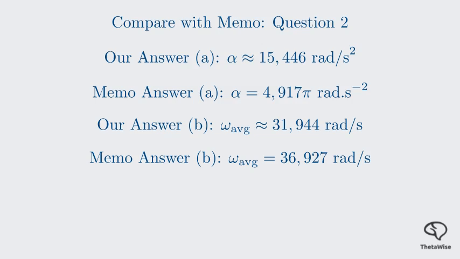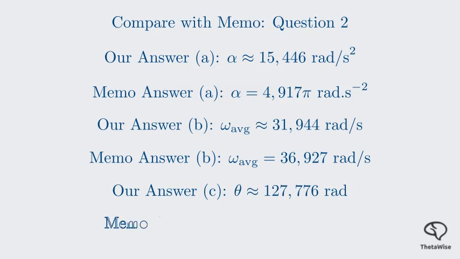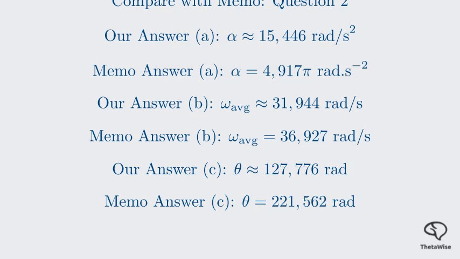For part C, the angular displacement, our answer is 127.76 radians. The memo has 221.562. This difference is a direct result of the error in part B, as the memo used its incorrect average angular velocity. For part D, the number of revolutions, we found approximately 20.33 revolutions.